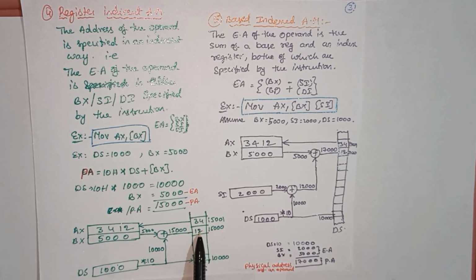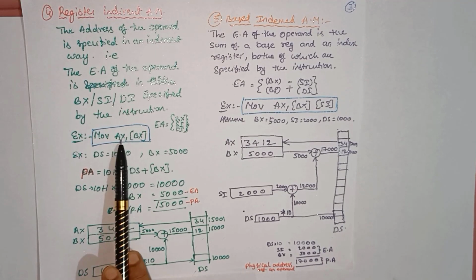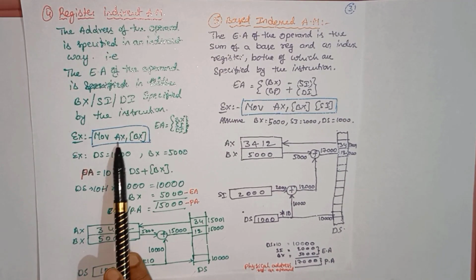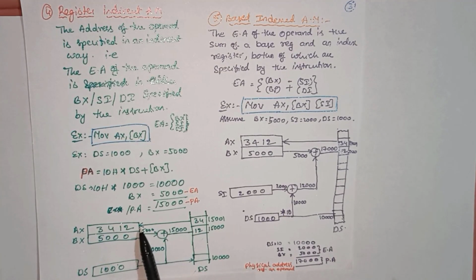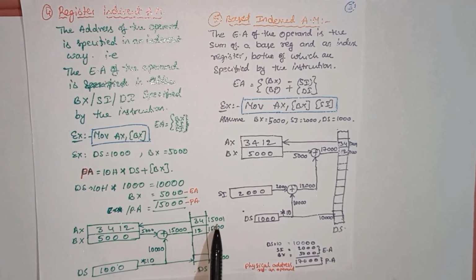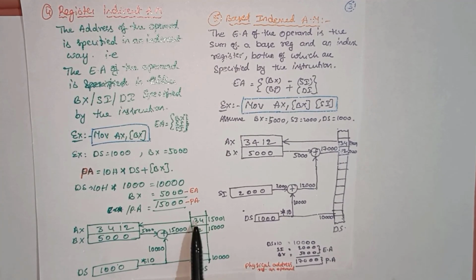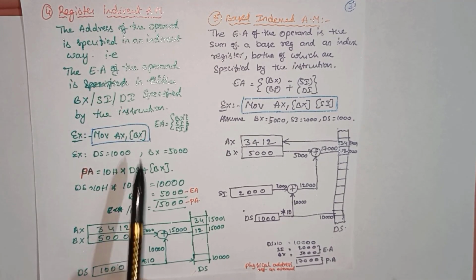At that physical address, whatever the data is, here I am using 3412, 16-bit data, because I am using AX. Here you can use AL also, 8-bit also, but here I am using a 16-bit register. That data is transferred to the AX register, according to the instruction.